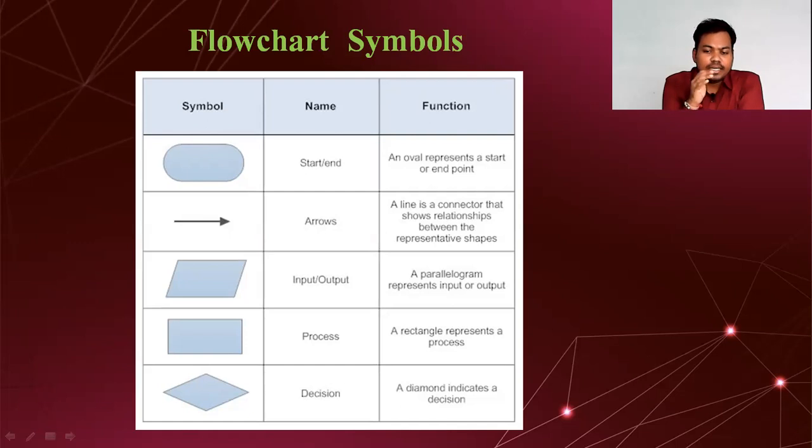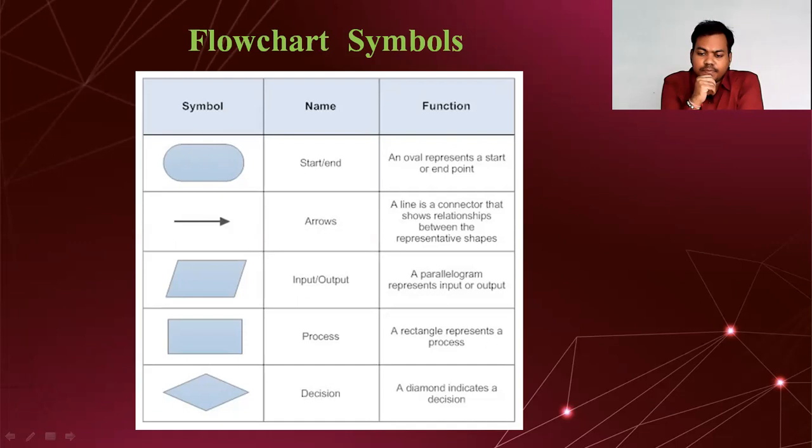An oval represents a start or end point. Arrow is used to switch from one step to another step. A line is a connector that shows the relationship between the representative shapes, from one step to another.